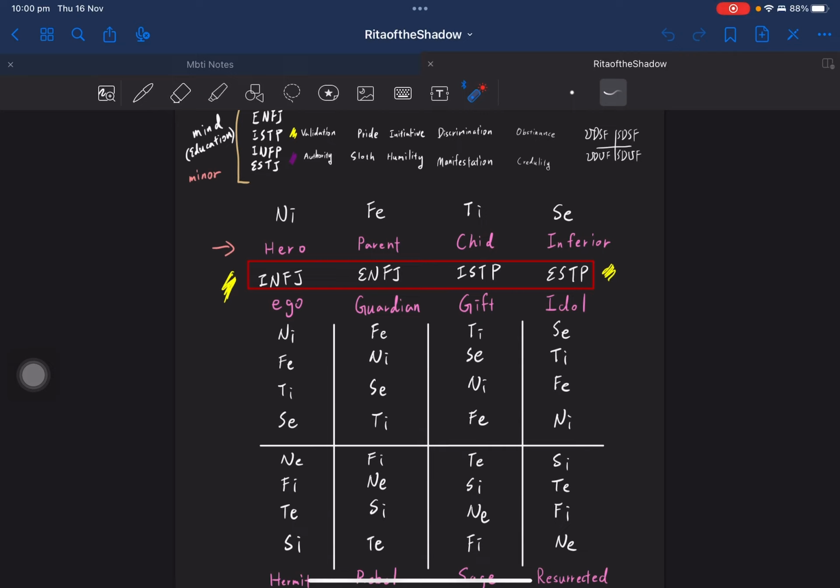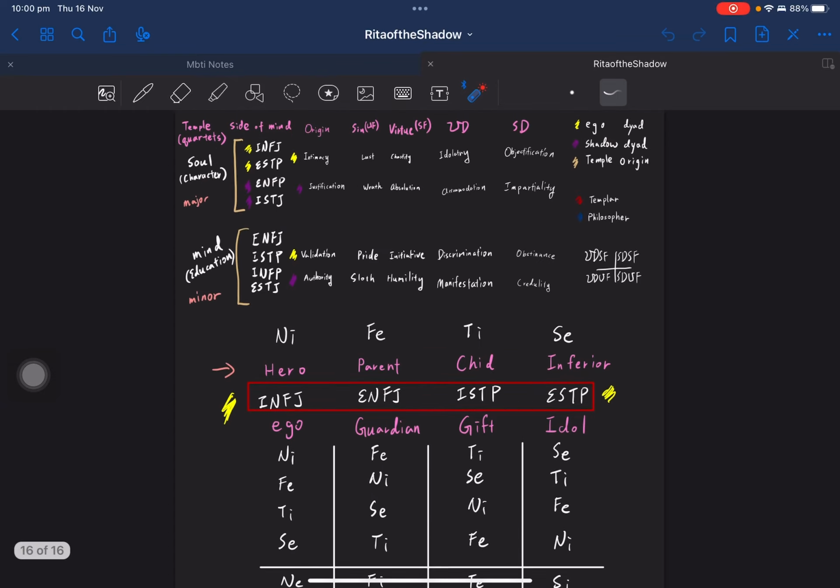Welcome. So today's topic is about the meaning of 4 in the MBTI context, because we talk about the four temples, and then we talked about the 4 quadrants, and some people might have this question, how come it's always 4?